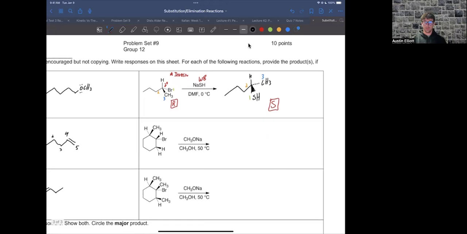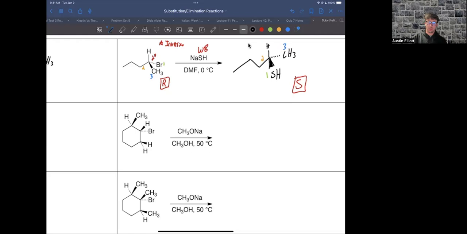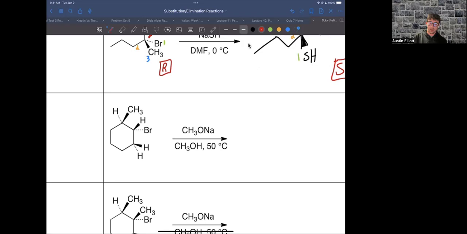Moving on to the next two. These are some implementation of the anti-periplanar rules with elimination. A lot of times you will see this on a ring like this. It's very common. So when looking at this first one, you see that our bromine right there is on that dashed line.